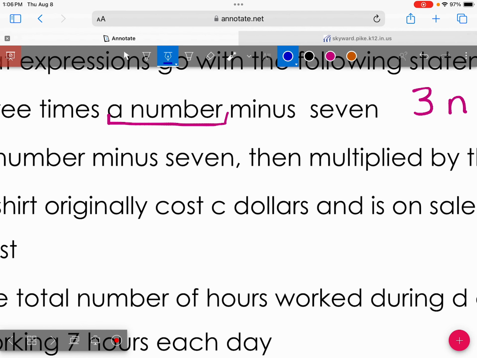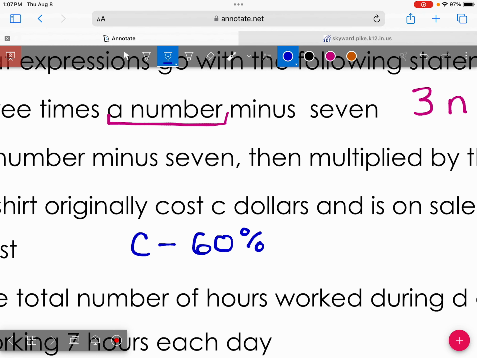Good thought. So if I do C minus 60%, am I taking away 60% of the cost, or am I just taking $60? $60. How can I make that 60% of the cost? Well, what do we have to do with our 60% and the cost? Closer? Super, super close.